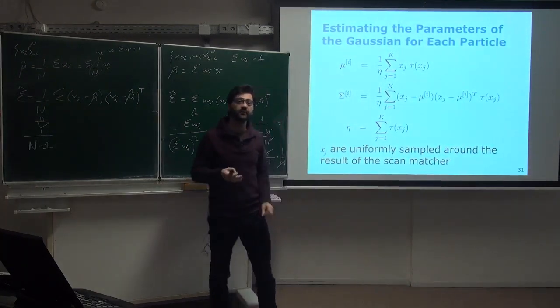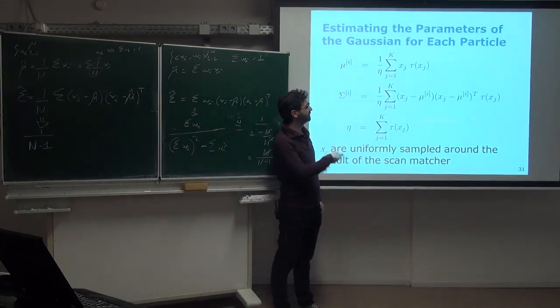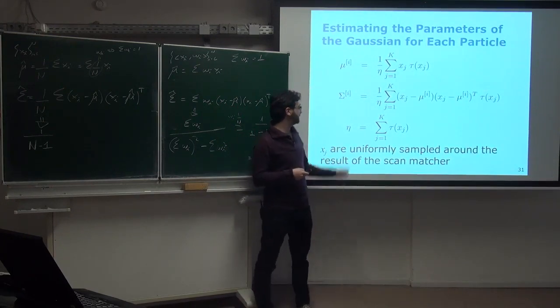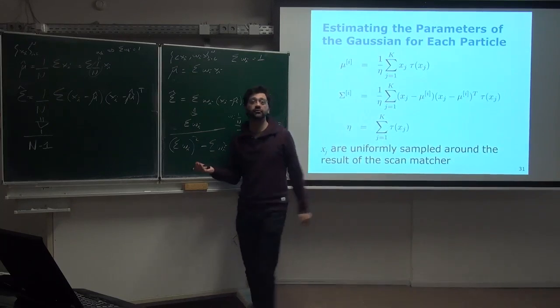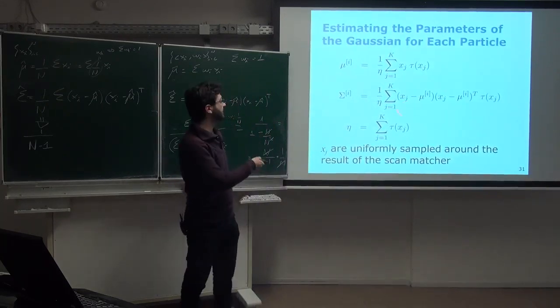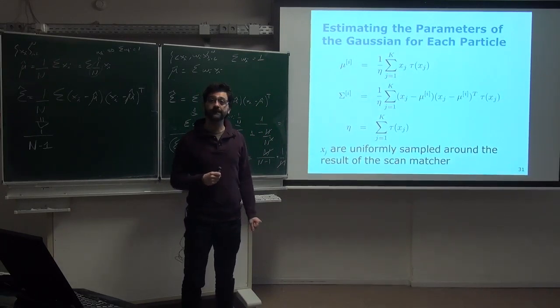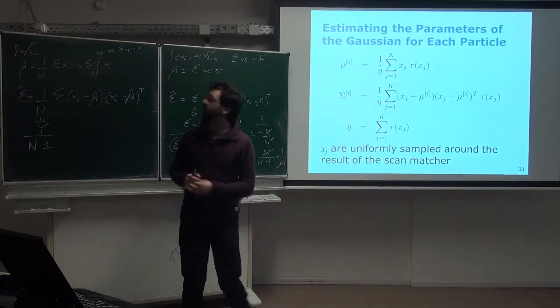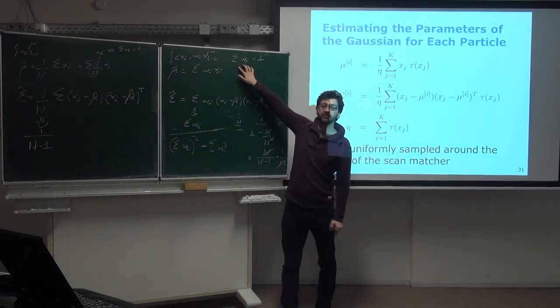Because the weight must be proportional to this ratio. The same thing goes for the covariance, with the same tau, and the normalization factor that we have here is just the sum over all taus. So that's the normalization factor we consider here, 1 over eta. It's basically the way to make sure that the sum of the weights is equal to 1.